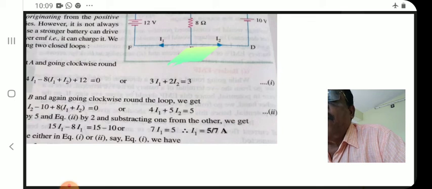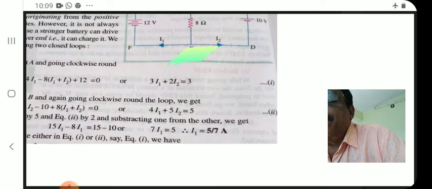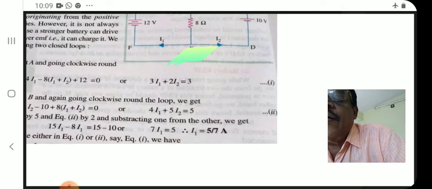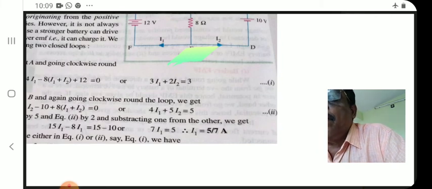4I1 minus 8(I1 plus I2) plus 12 is equal to 0. Or simplifying and transposing, we get 3I1 plus 2I2 is equal to 3.